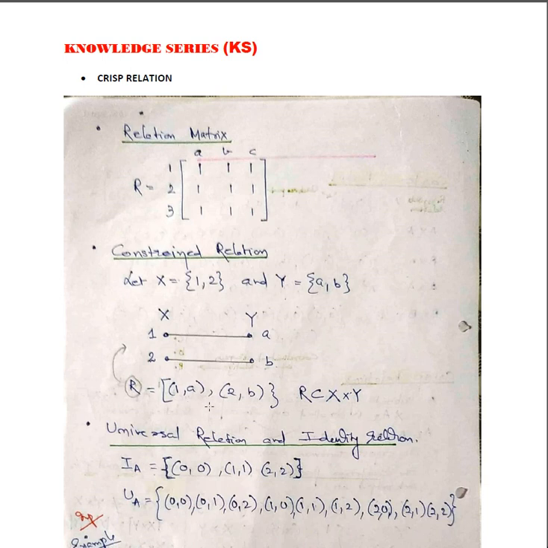So that is how we define it. If the relation is only restricted to this, then we say that R belongs to x cross y, that is, R is a subset of x cross y.